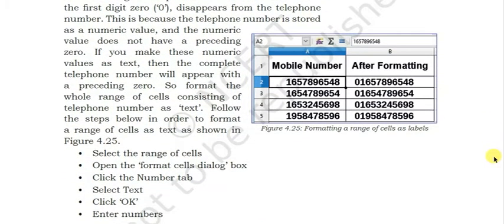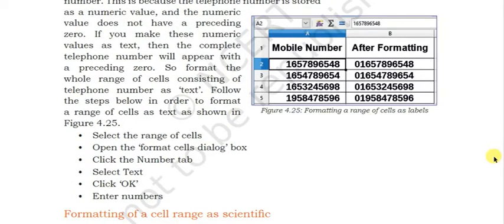So what we will do is, you will select the cells again, open the format cell dialog box, click the first number tab. Now you will select text and you will click OK. So now these will be changed into text, and now you can add 0 in the beginning.